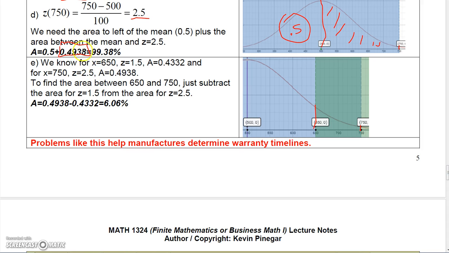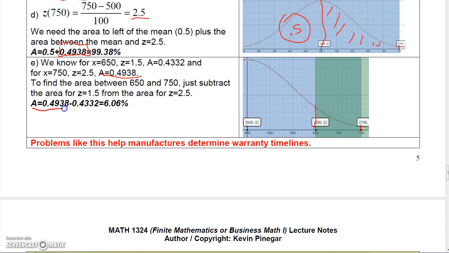So I already know the area. The area for 750 is 2.5, so that's 0.4938. So the area from the mean out to 750 is 0.4938. Now the area from the mean to 650, we know, is 0.4332 from our earlier example.